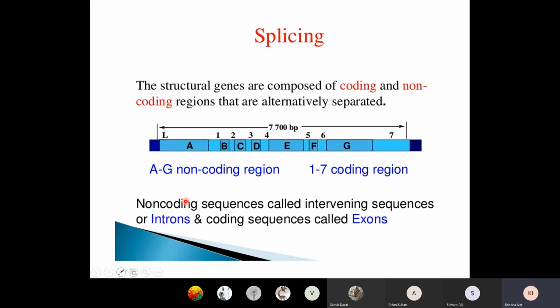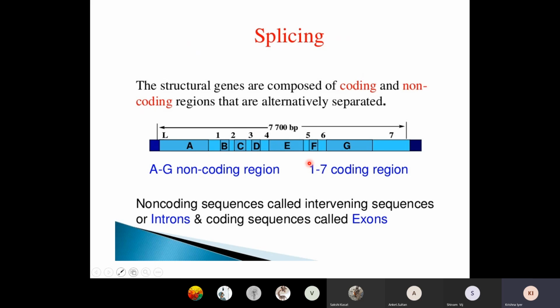These spliced out regions, which are non-coding, are referred to as intervening sequences or introns, and those are removed. The remaining RNA, which is referred to as exons, are joined together.